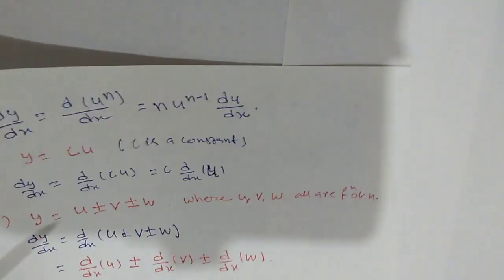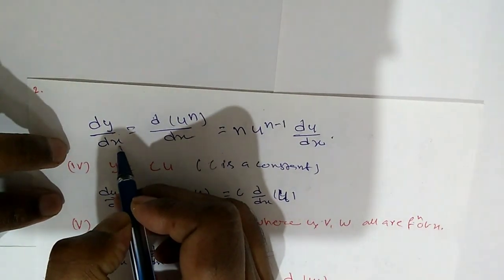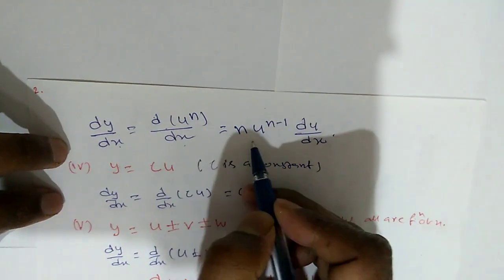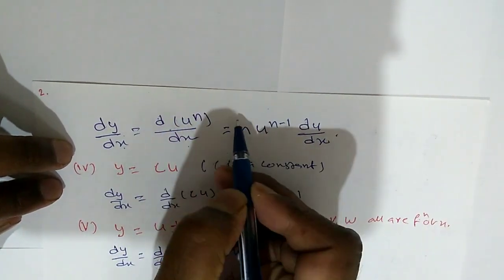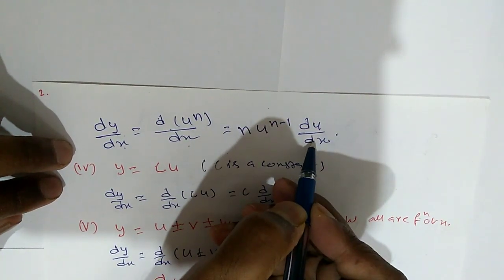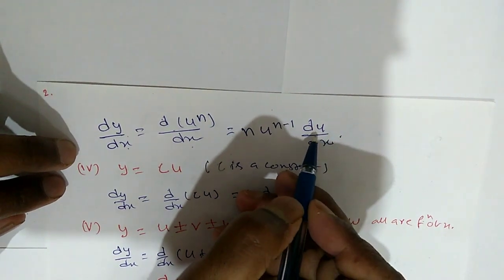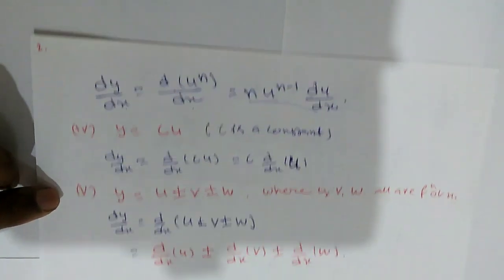We write dy/dx is equal to d(u^n)/dx, first differentiate this one, then multiply by du/dx, since u is a function of x, and here is the proper solution.